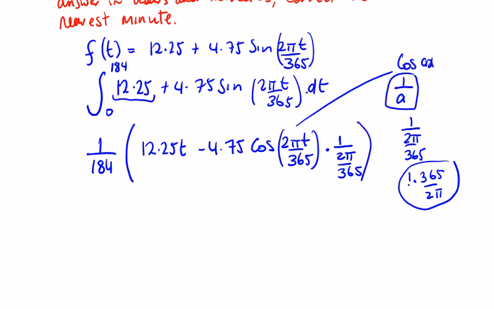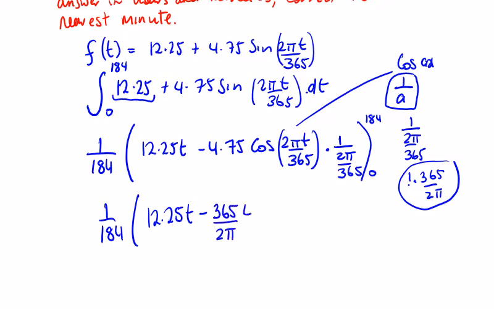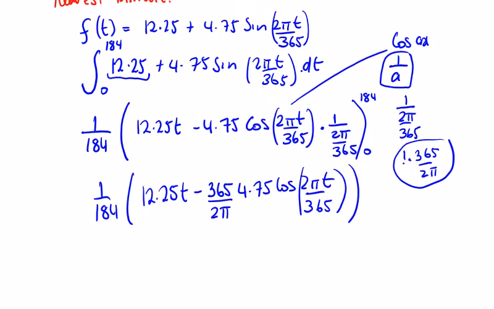So we get the limits 184 to 0, and 1 over 184 by 12.25t minus 365 over 2 pi by 4.75 cos 2 pi t over 365. Now we need to put our values in.